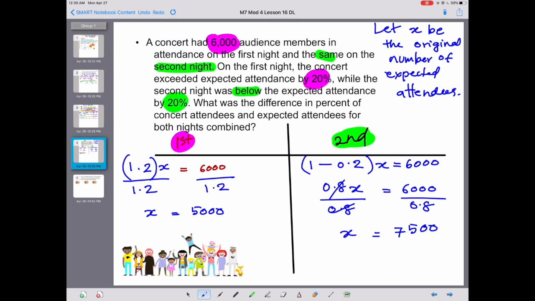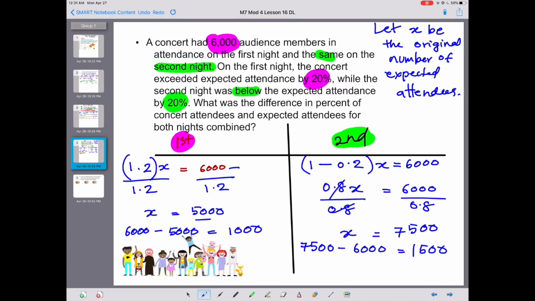So what is the change? From this to this, it's 1,000, because 6,000 minus 5,000 is equal to 1,000. And then we're going to see the difference here, which is 7,500 minus 6,000 is equal to 1,500. So we have this amount of change.